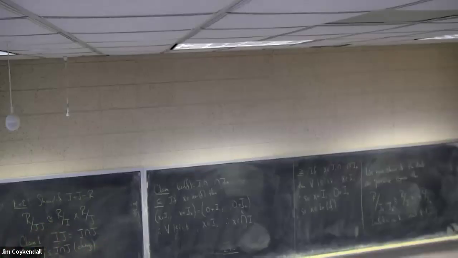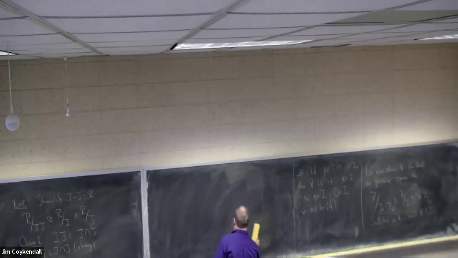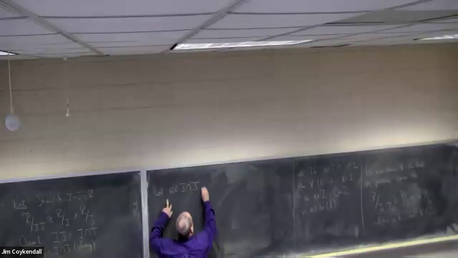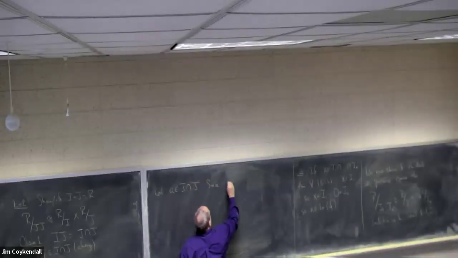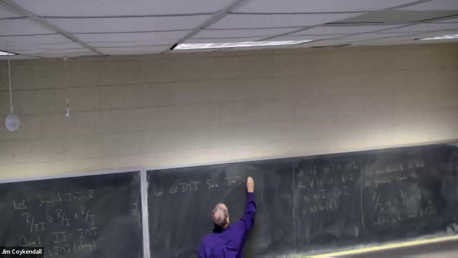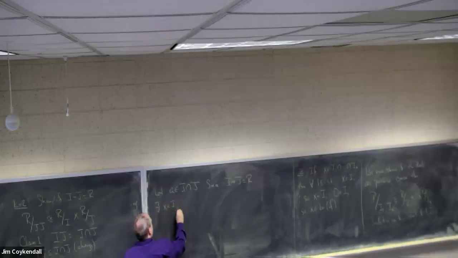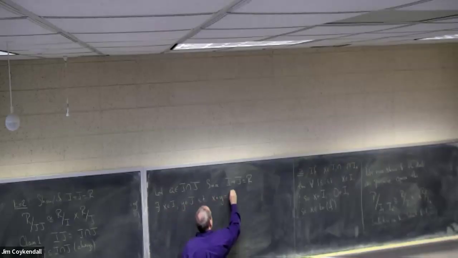This is a homework problem that you're doing. The product IJ is always contained in the intersection. Why do you get it the other way? Well, for the other containment, let A be in I intersect J. Since I plus J is R, there exist X in I and Y in J such that X plus Y is equal to 1.